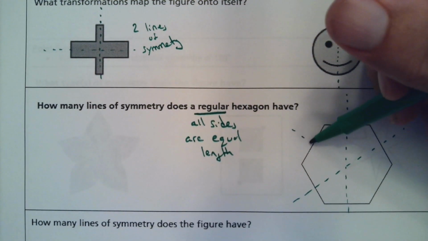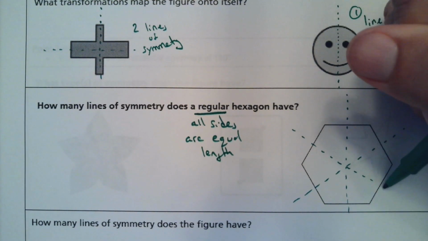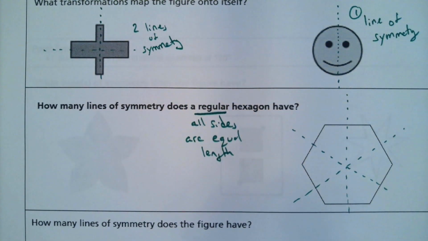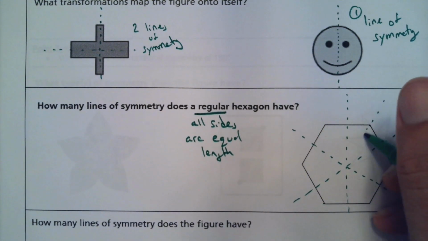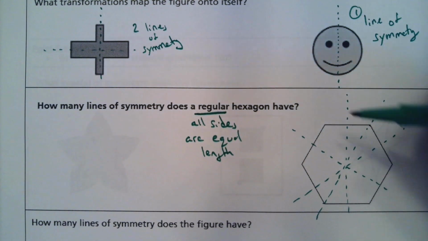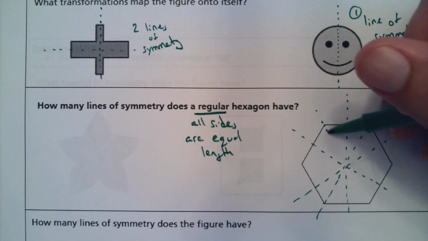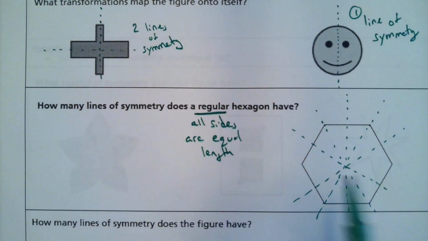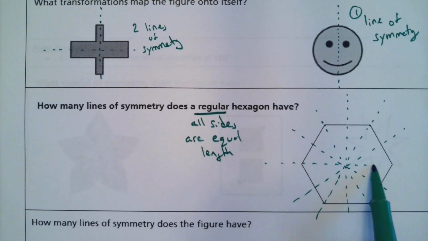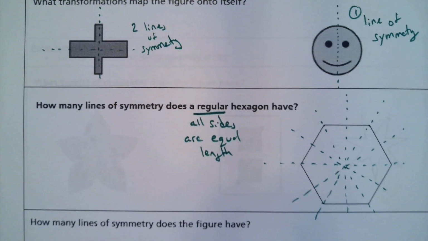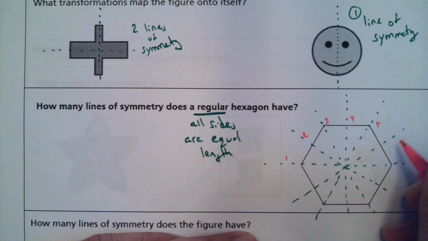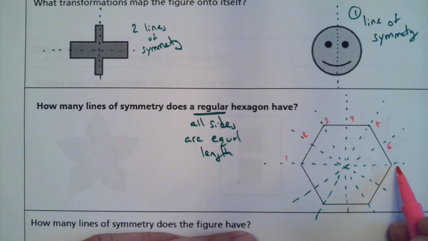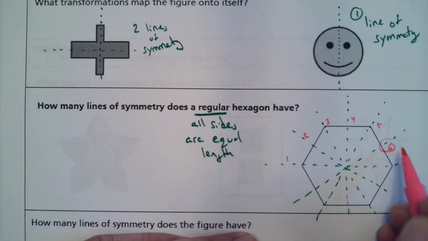We can go here. That's three. But there's more. Corner to corner. Corner to corner. And then, so how many lines? Now it looks like more than it really is. If you start here, 1, 2, 3, 4, 5, 6, because when I get back to this line, that is that line. So we got a total of 6.